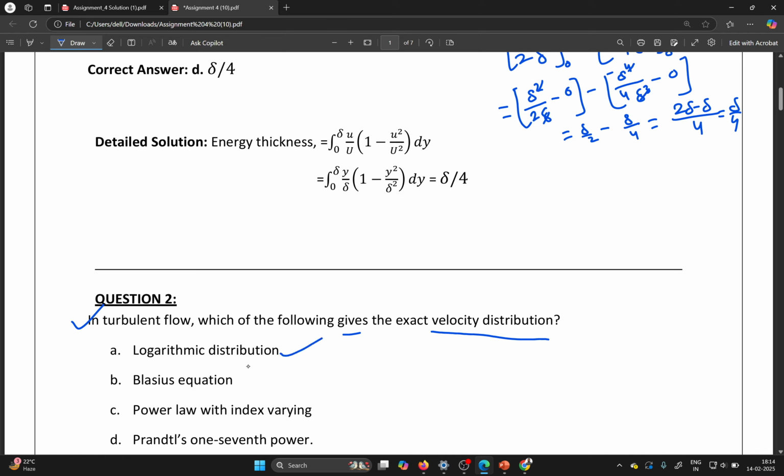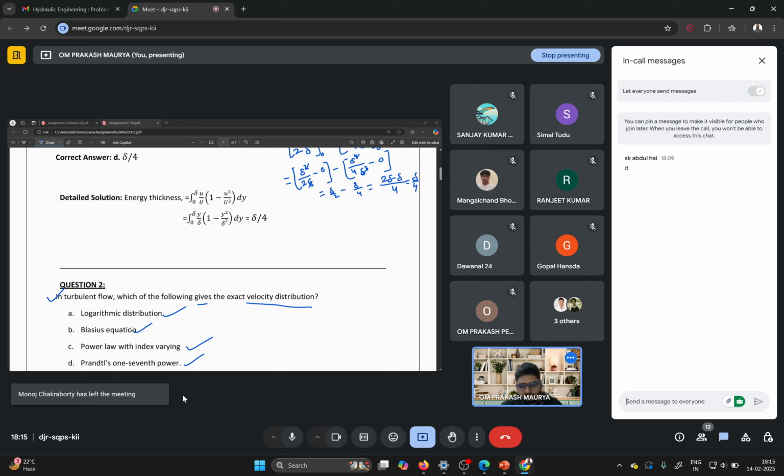Logarithmic distribution, Blasius equation, power law with index varying, and Prandtl's 1/7 power. Prandtl's 1/7 power is the last option. So please try to give your answer in the chat box. Write in the chat box, please, everyone.